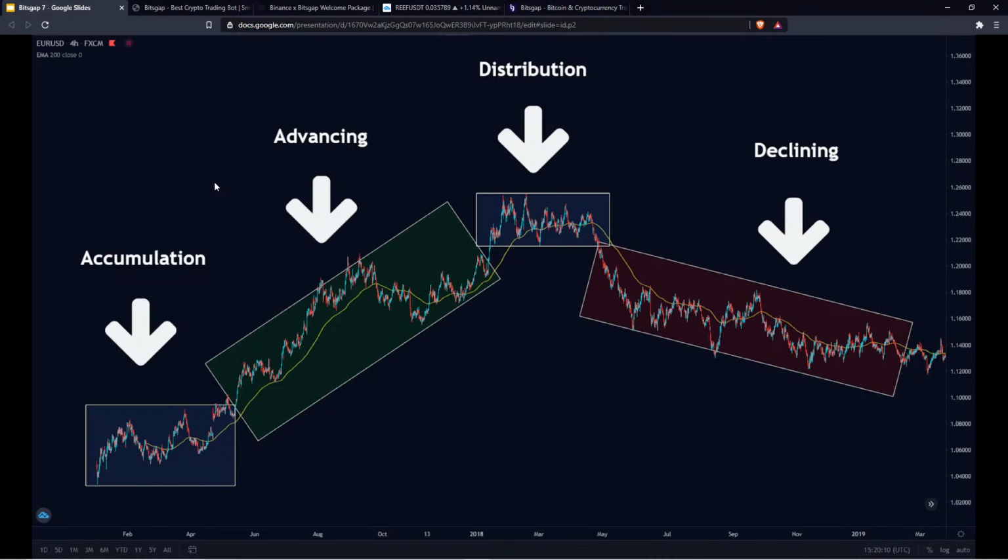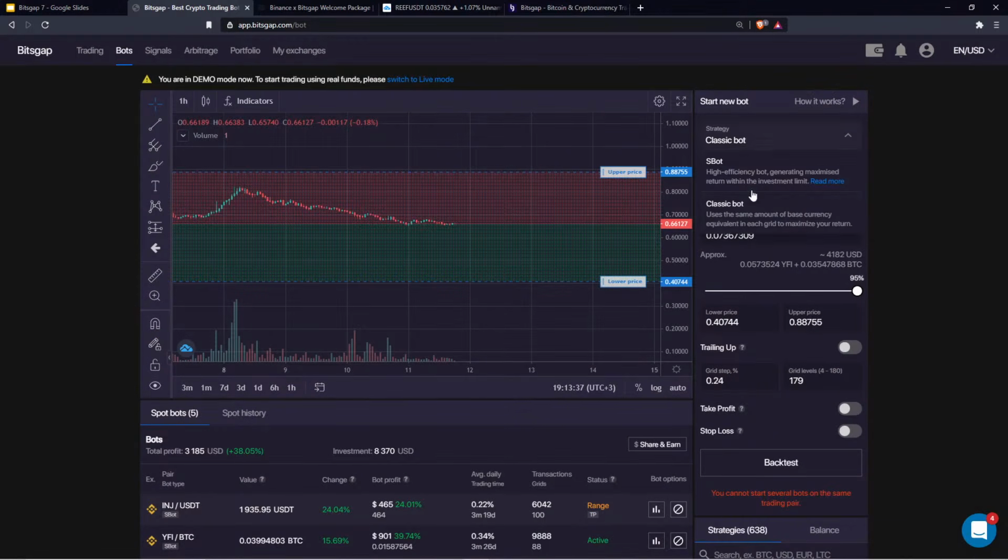Depending on the market scenario that we see right now, the strategy varies. For the accumulation phase, which is basically the sideways market movement, and for the distribution market phase, which is also sideways movement, it is optimal to stick with the SBot strategy.